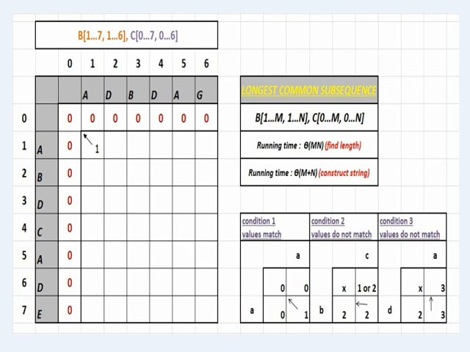In this case, the value 1 is greater than the value 0. So we will copy the value from the left cell and point an arrow towards the left.